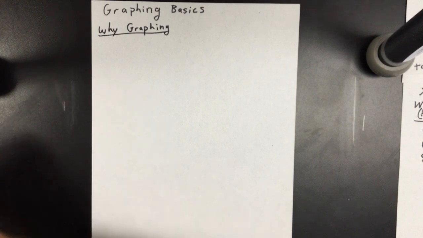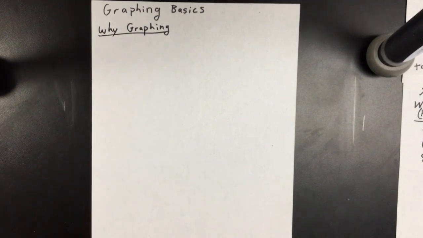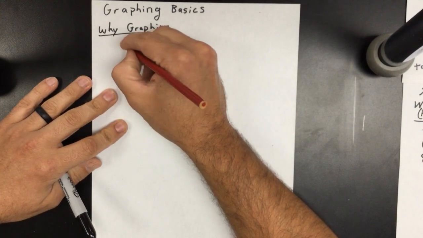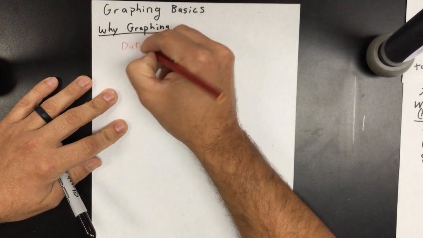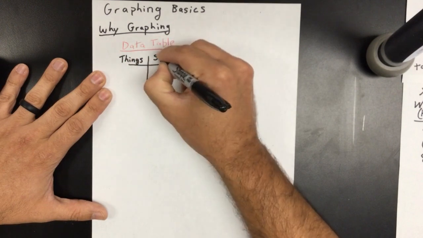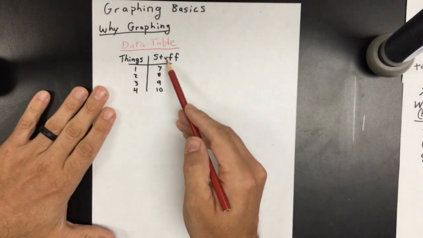So the reason we graph is we're going to take a data table. So this is a data table.